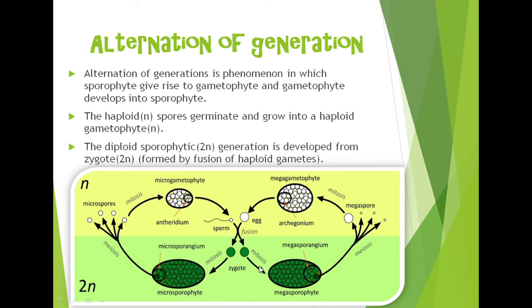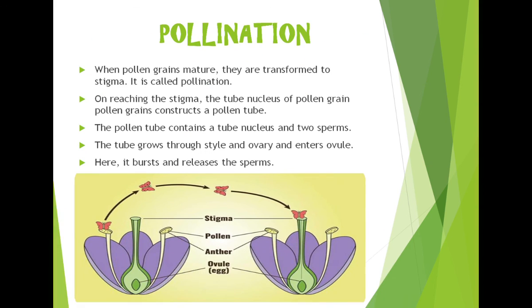These zygotes are divided into a megasporophyte or microsporophyte, and this sporophyte then gives rise to the gametes, and then gametes fuse to form sporophyte. So this process continues और इसे हम कहते हैं alternation of generation. कि sporophyte gametophyte बनाएगा और gametophyte sporophyte बनाएगा. This is called the phenomena of alternation of generation.